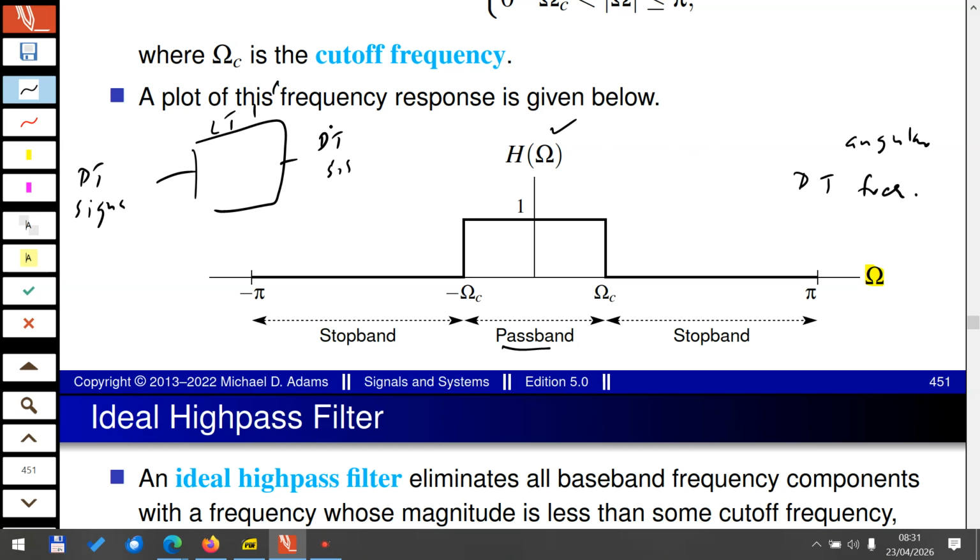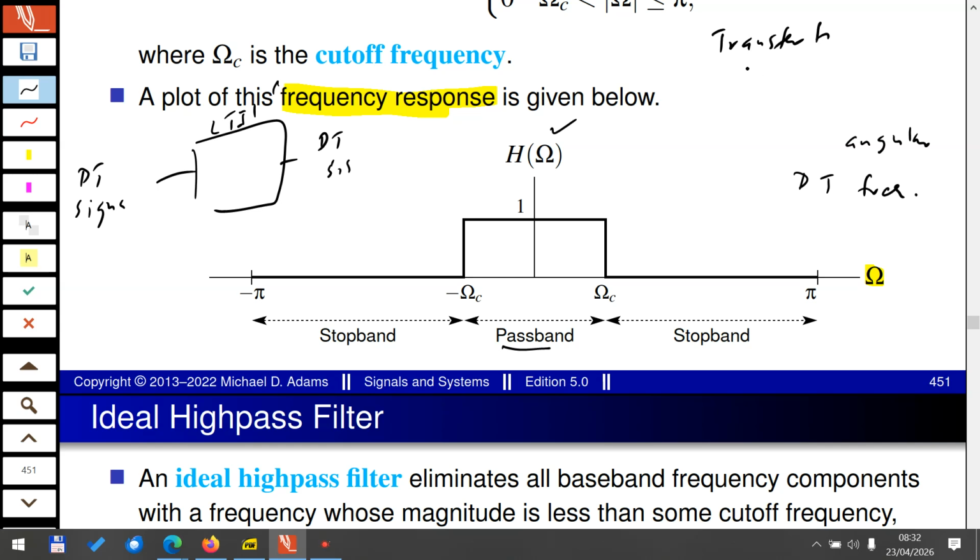Remember, frequency response is the name we give to how the system actually behaves with such signals. To be specific, it is the name given to the transfer function when you evaluate it at the omega axis.